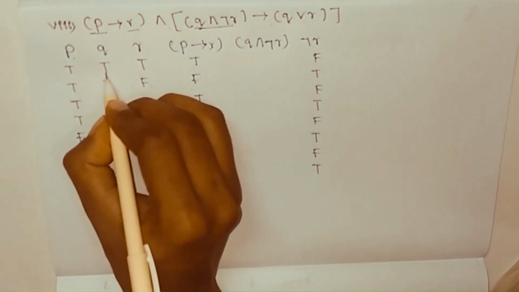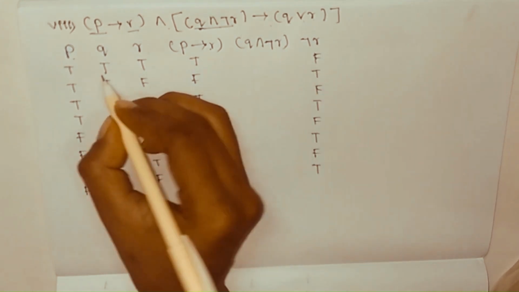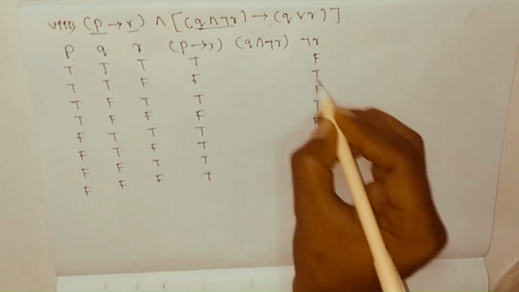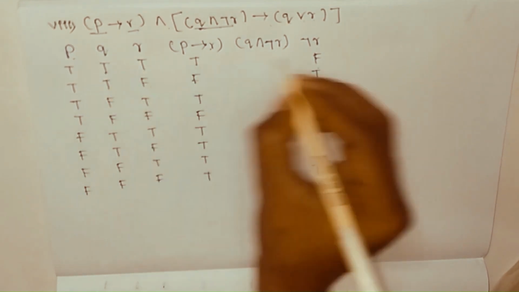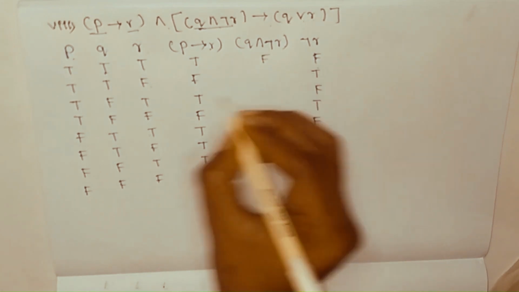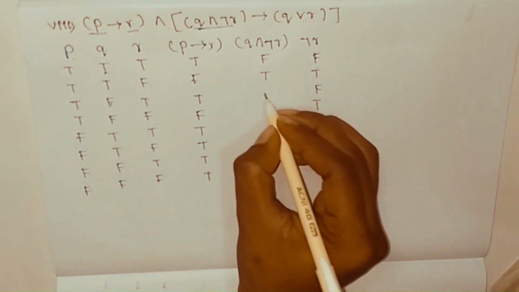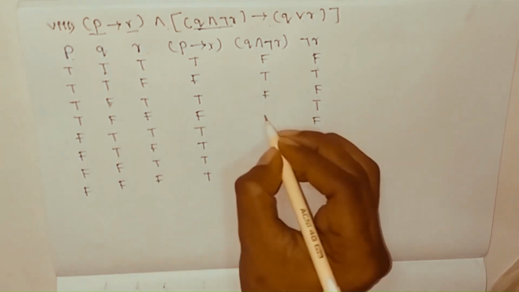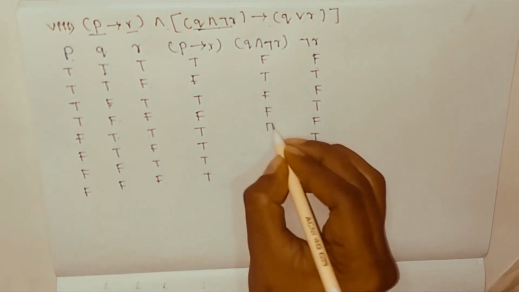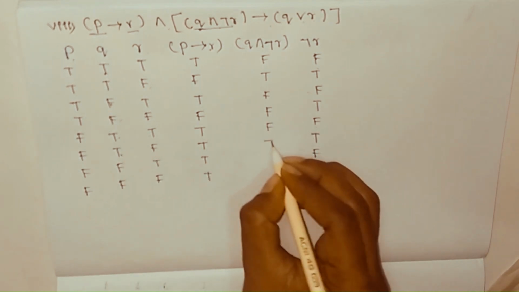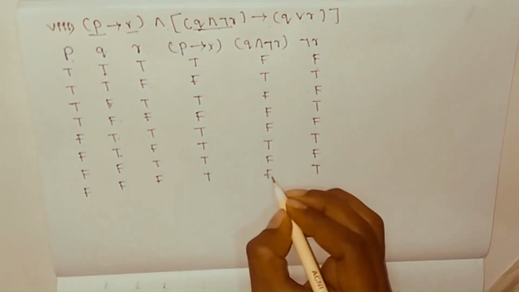Now see Q and negation R. We are applying the AND operation to Q and negation R. If both are true, then only it returns true. It returns false otherwise.